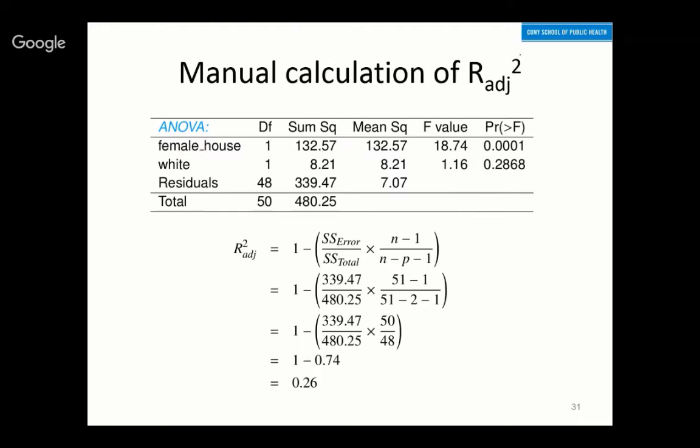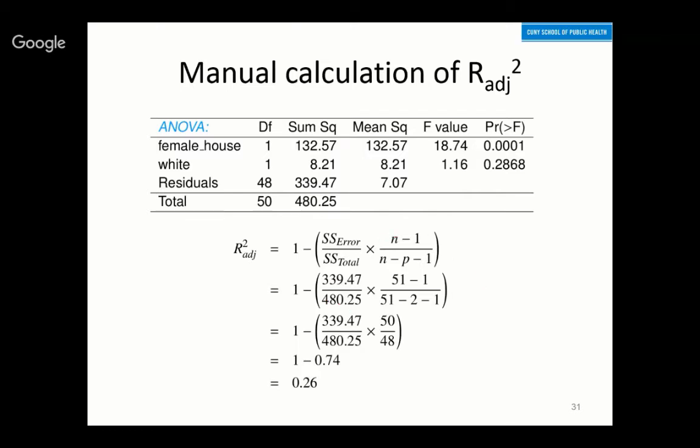Here's an example of calculating it. For this last example we had before, 339 is the sum of squares of errors, and 480 was the sum of squares total.